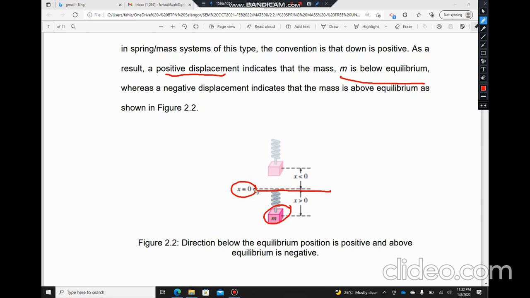So kita based on equilibrium position. So it means that this one x greater than 0. So kalau dia berada di atas equilibrium, sebab kat sini x equals 0, it means that the value of x is negative, which is x less than 0. So nilai-nilai x ni adalah nilai yang negatif. Okay, so that's why kita kata kat sini direction below the equilibrium is positive. So bawah equilibrium positive and then above equilibrium is negative. So this one untuk displacement of mass.